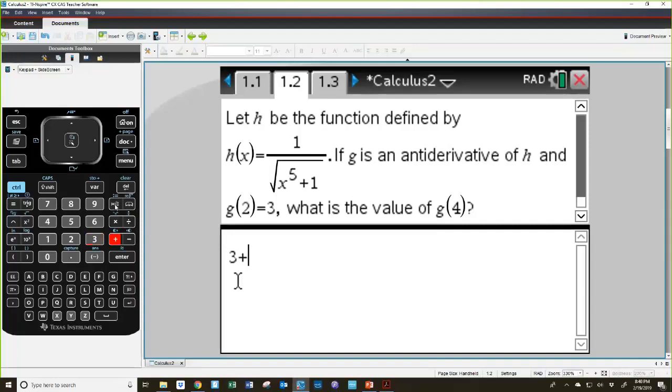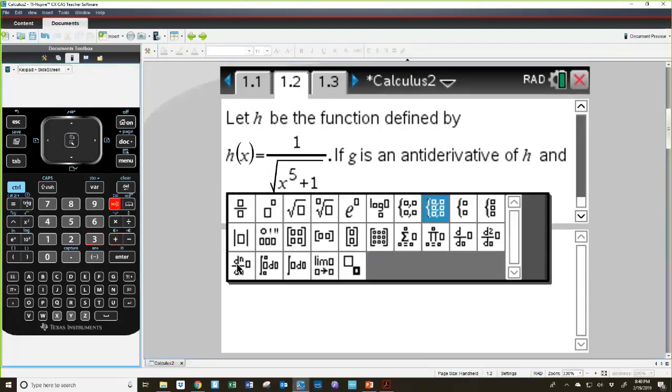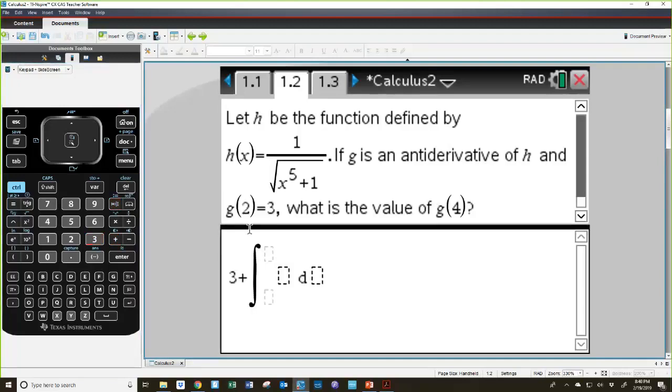So I'll go to my templates page, and I will get my definite integral here. And I want to go from the time that I knew the position, so that would be at 2, and my upper limit needs to be the time that I want my new position, that would be 4. And then I need to put in my h of x function, and I'm going to use my fraction template.